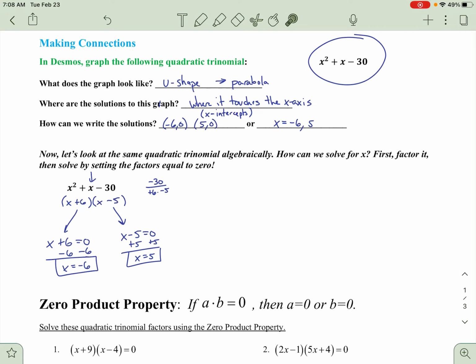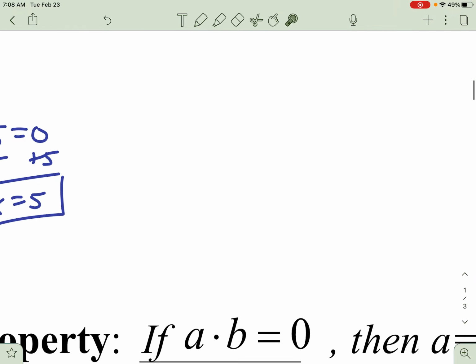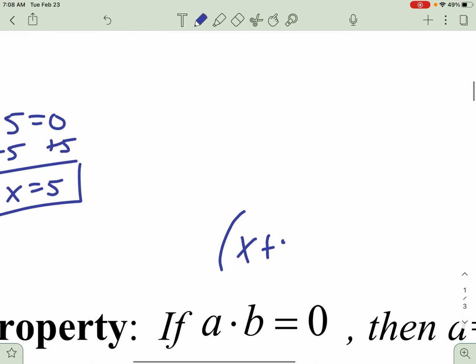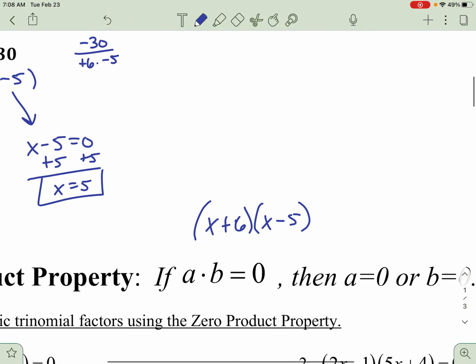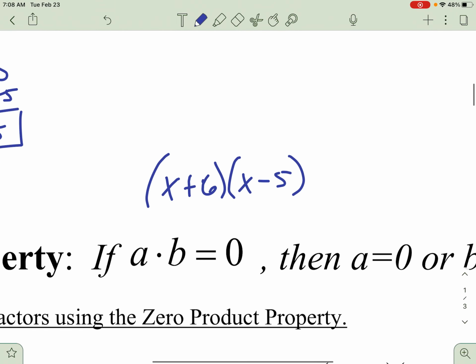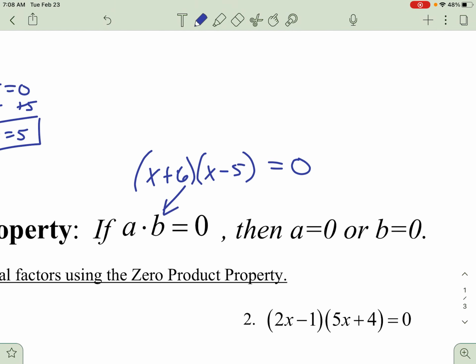All right, so what do we learn here? Well, that if you are truly trying to solve it, you can look at what the parentheses are that we factored into, set them equal to 0, and that's something called the zero product property, which basically states that when I have two things multiplied together, like in this case, x plus 6 times x minus 5, if this equals 0, then we can break it down and say that either this one has to equal 0 or this one has to equal 0, right?